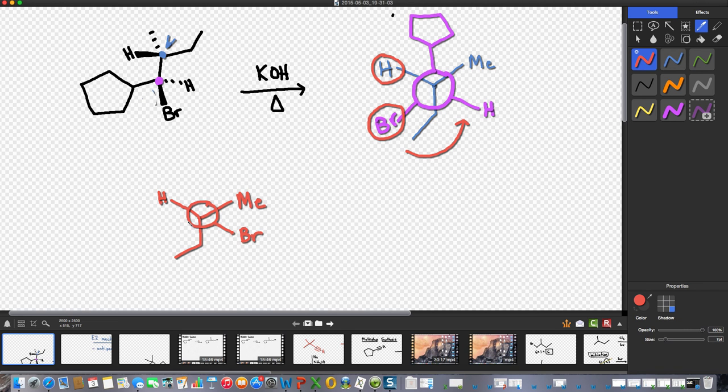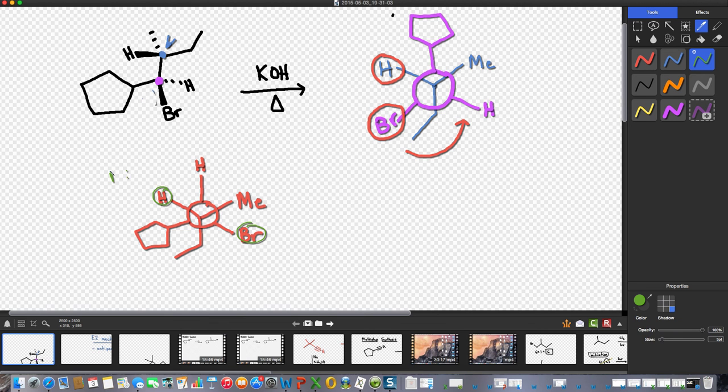And now the cyclopentyl group is down and to the left. And the hydrogen straight up. So now the hydrogen that I'm going to remove and the bromine that must leave are anti-periplanar.